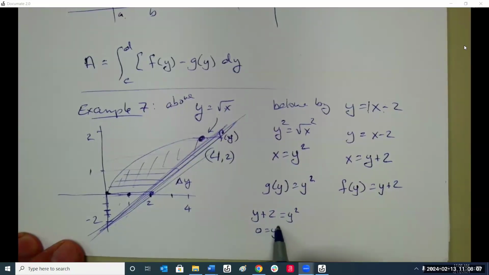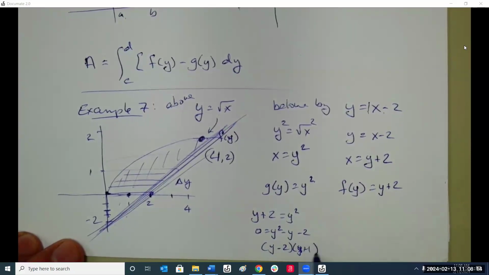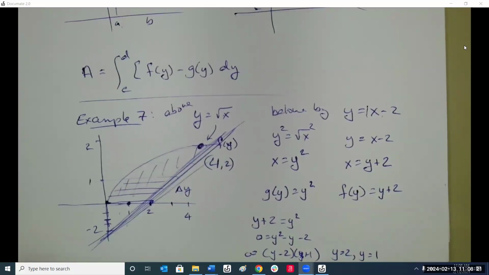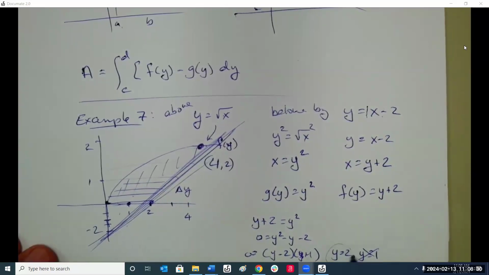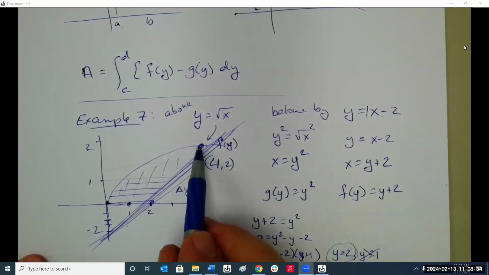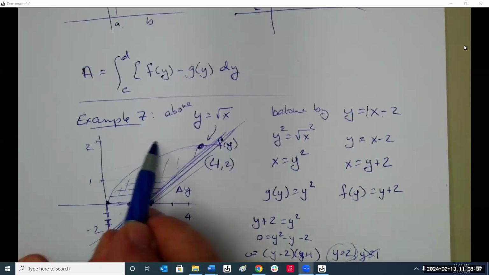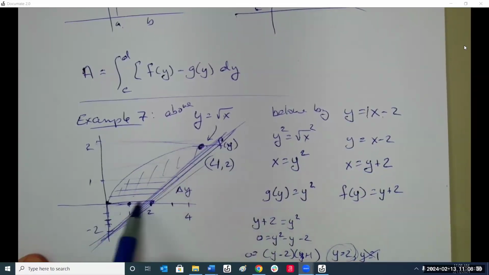So 0 equals y squared minus y minus 2, y minus 2, y plus 1. Negative 1. But since negative 1 is not in our range, we can't use it. So we'll have from 2 to 0.